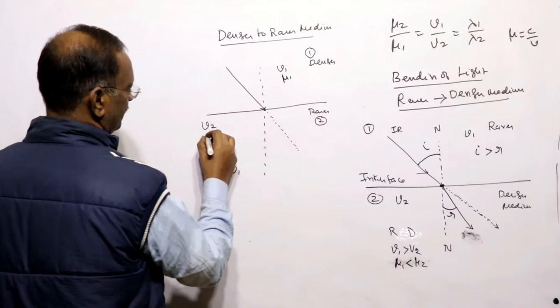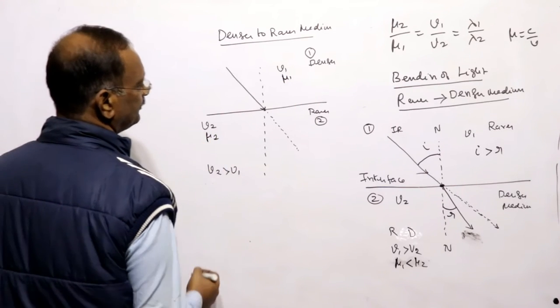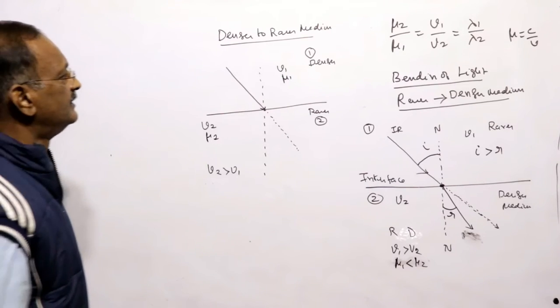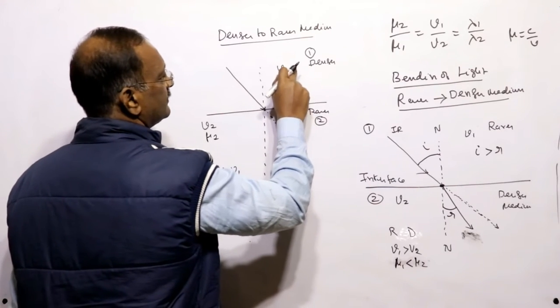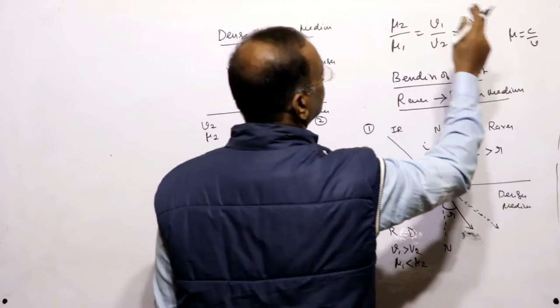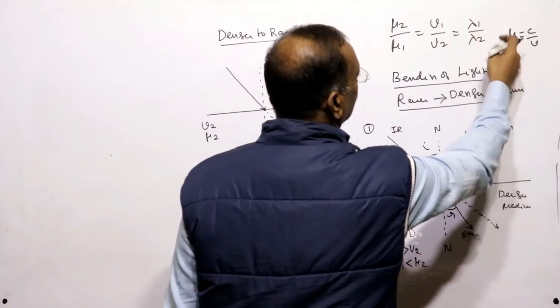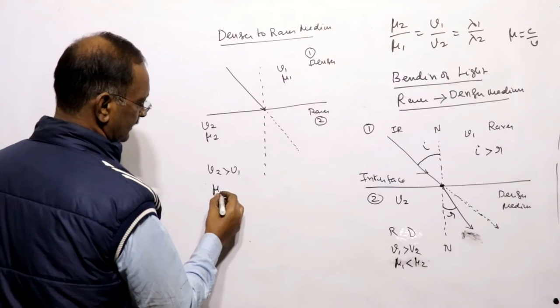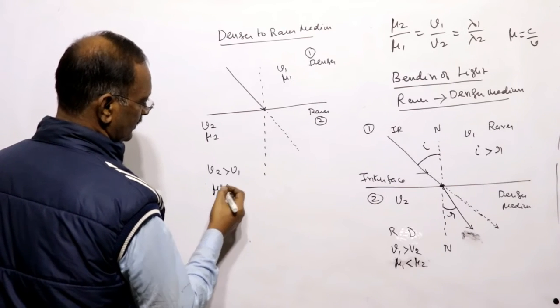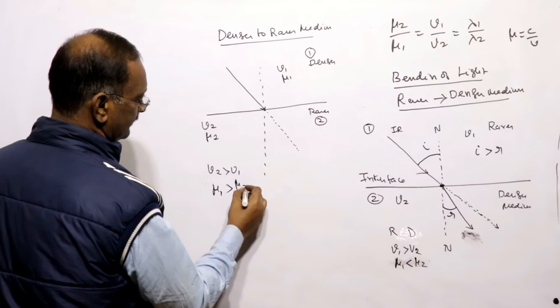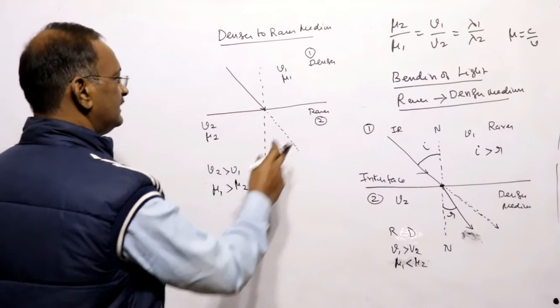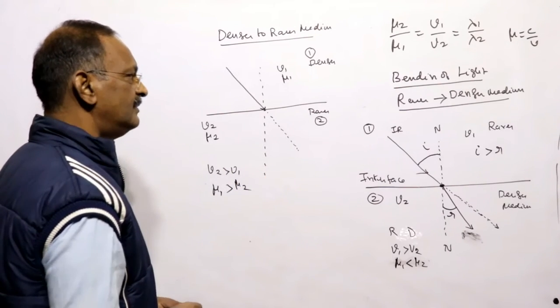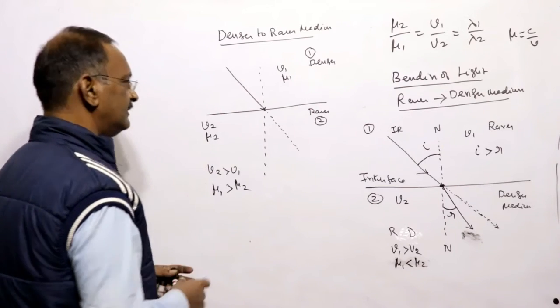Since the velocity of the first medium is less, the refractive index will be more. It means the refractive index of the first medium is more than the refractive index of the second medium. Since the second is the rarer medium, velocity is more and refractive index is less.